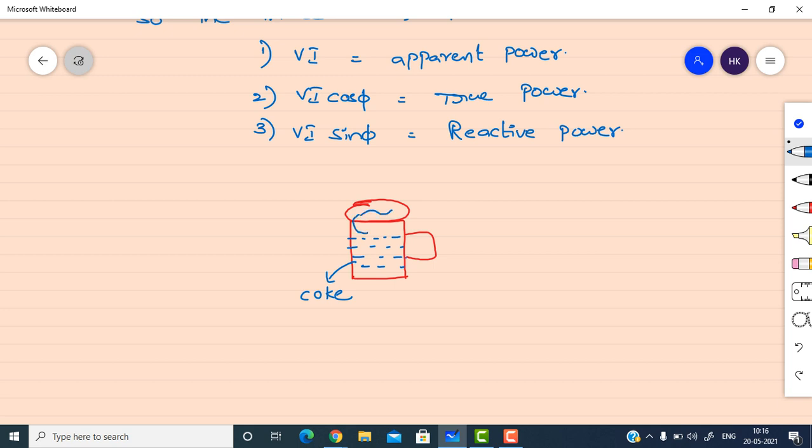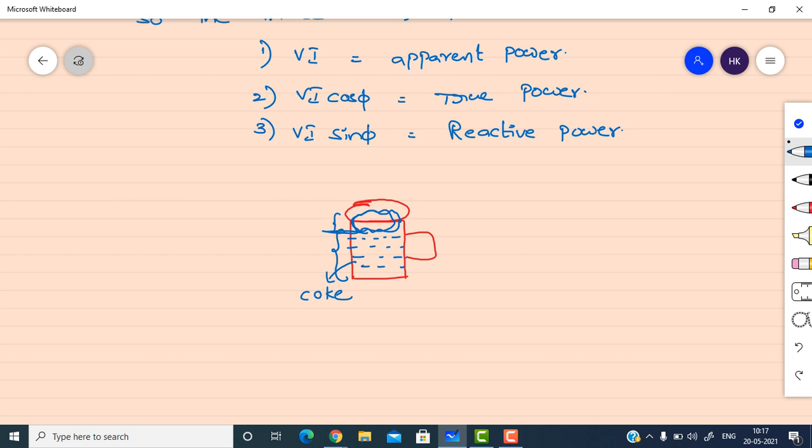Some foam will be formed on top of this, right? Apart from the drink, some foam will be formed. We can compare this one to our power. See here, what is the useful one? The Coke we can drink. What about the foam? This is not useful.